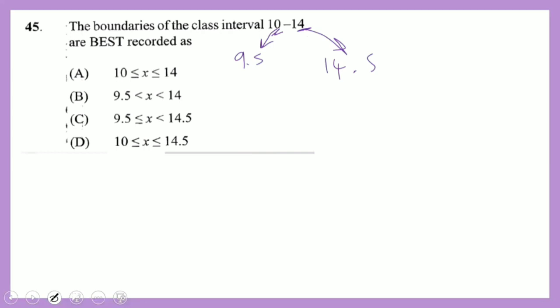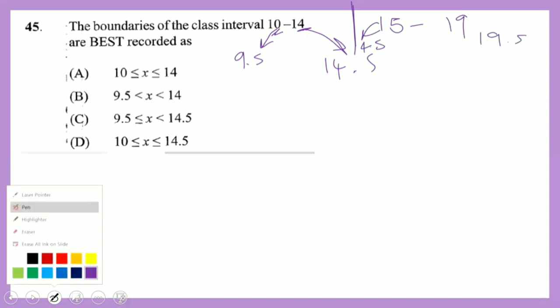I don't want to go too deep in explaining, but the next class interval after this one would have been from 15 to 19. The lower class boundary for this one would be 14.5, and the upper one for this one is 19.5.